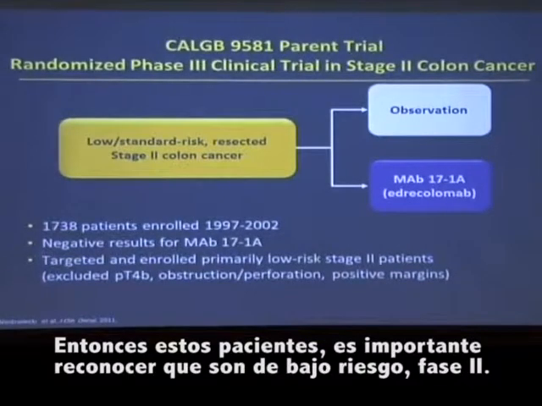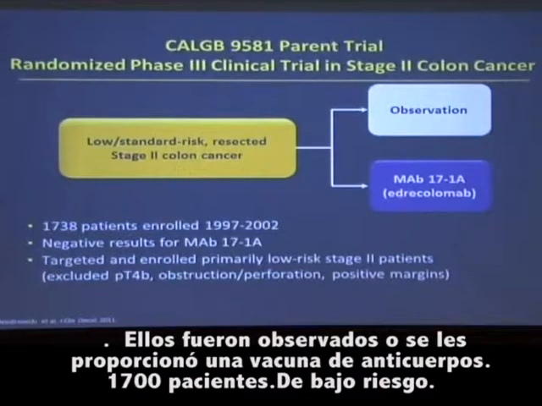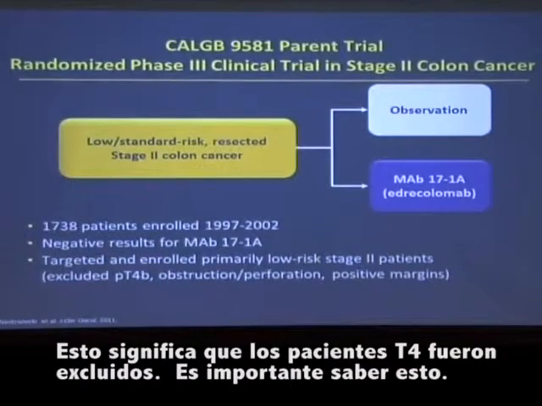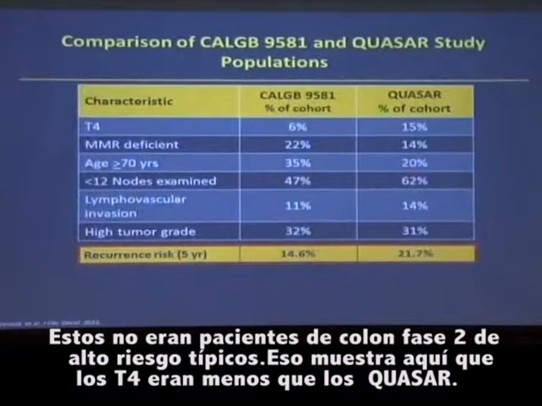So these patients, it's important to recognize these were low risk, stage 2 patients. They were observed or they were given an antibody vaccine. 1,700 patients, and they were low risk, meaning they excluded T4 patients, okay? That's important to know. So these were not high risk, average colon stage 2 patients.